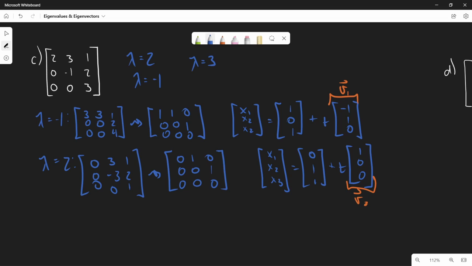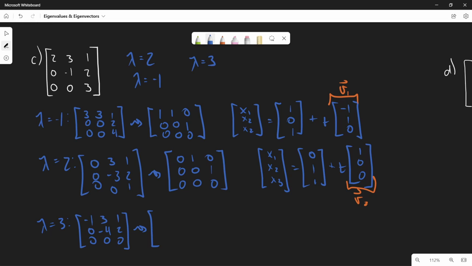And now we have to do the last one, lambda equal to 3. We will get 2, negative 1, 0, 3, negative 4, 0, and 1, 2, 0. Row reduced echelon form.